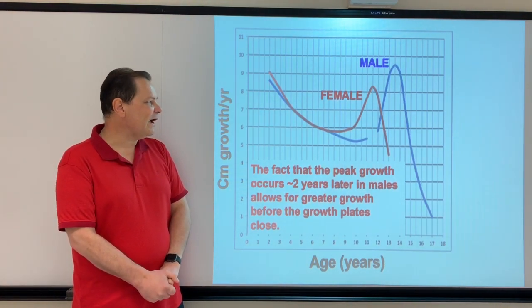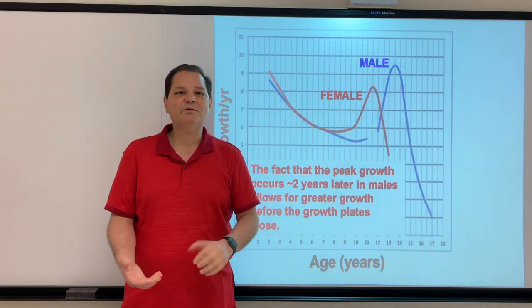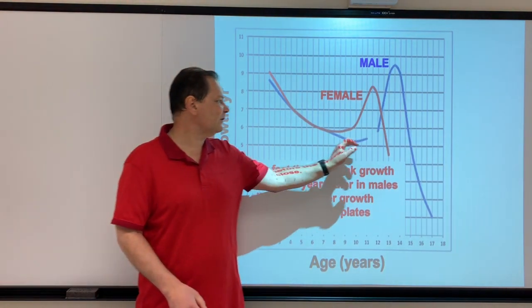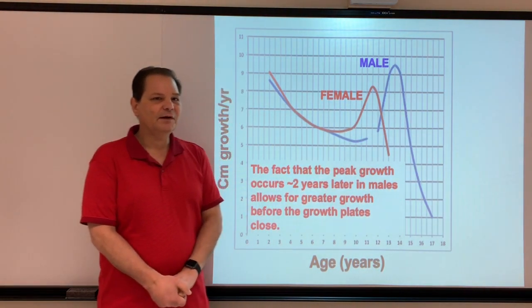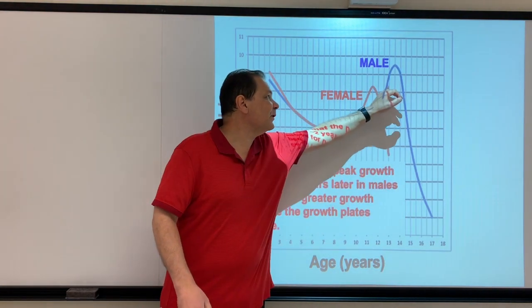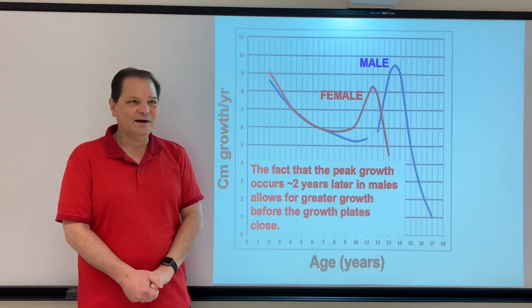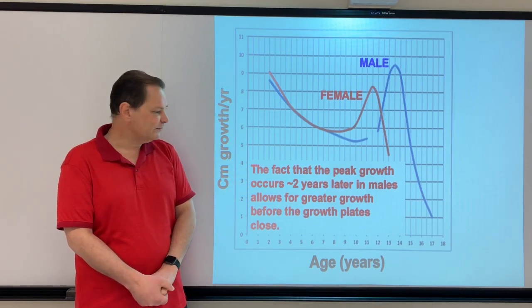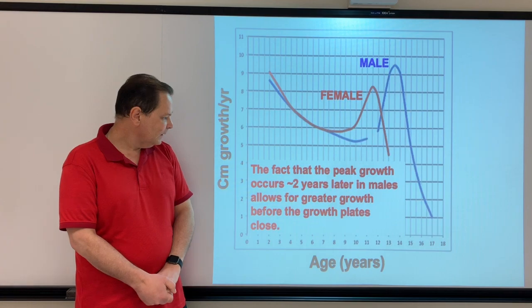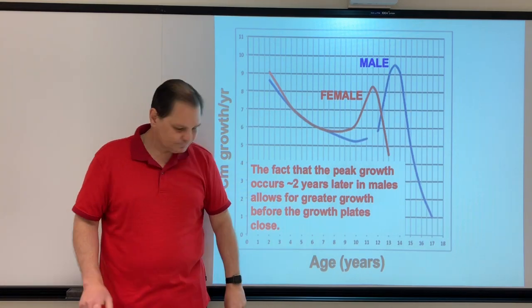So this is thought to account for the fact that males typically grow to a larger size because they have an extra couple of years of growth here in childhood before this growth spurt hits, and then the epiphyses close, those plates close, okay? All right.